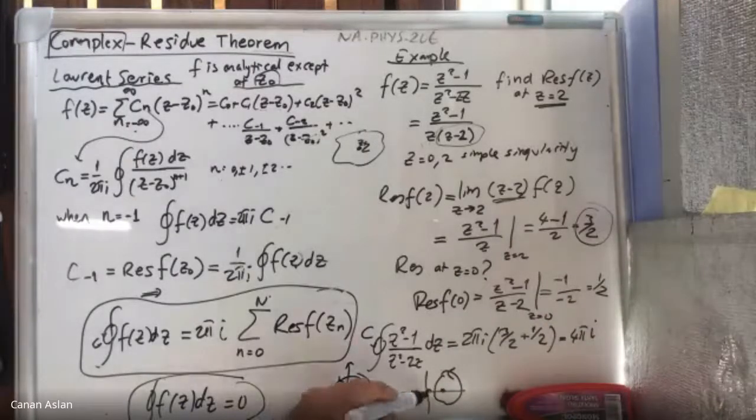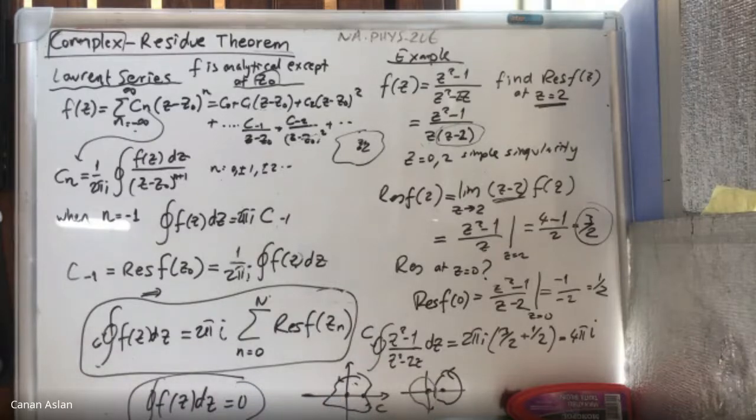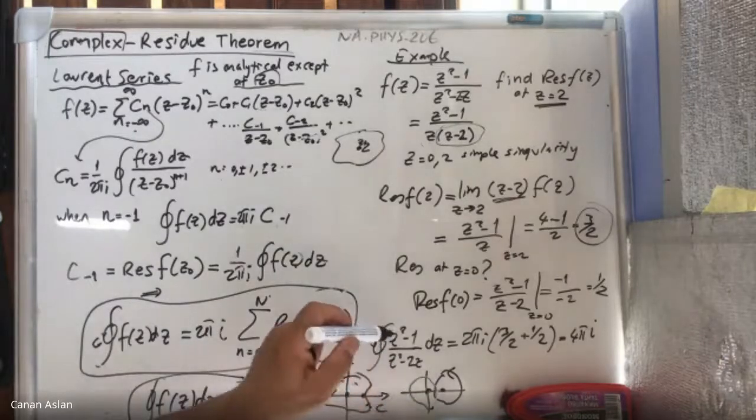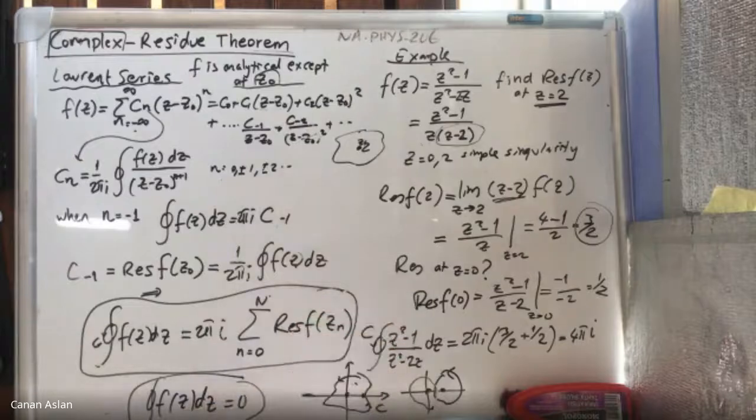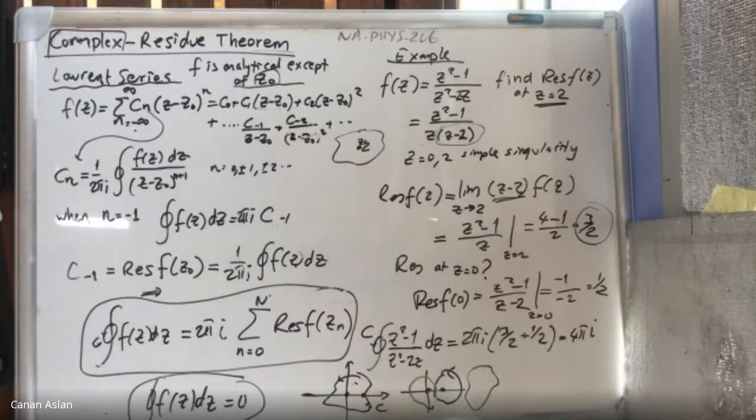If the curve included only the z = 0 singularity, the residue would be just 1/2 instead of 3/2, so we would have a different result. And if C is somewhere else which doesn't include either singularity, then the result is going to be 0.